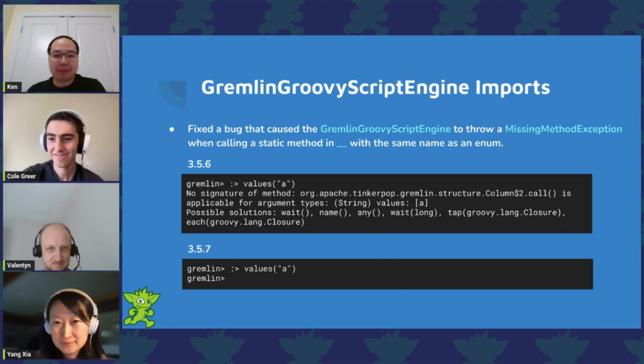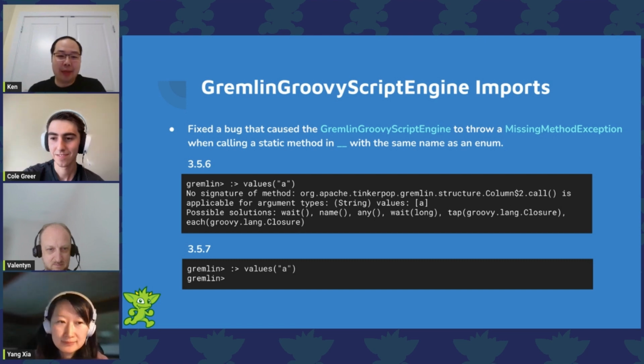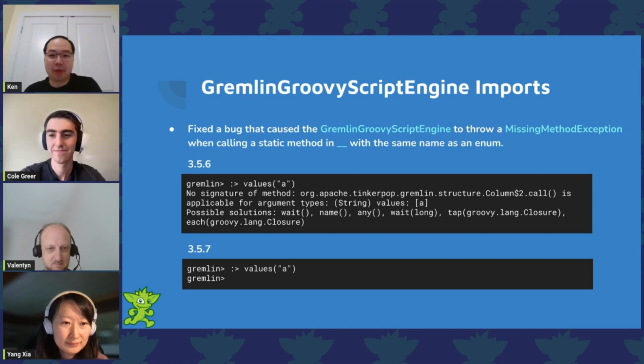So the Gremlin Groovy script engine. In the last version, 3.5.6, we upgraded the Groovy version, and that upgrade unfortunately introduced a bit of a regression to how the Gremlin Groovy script engine's imports work.